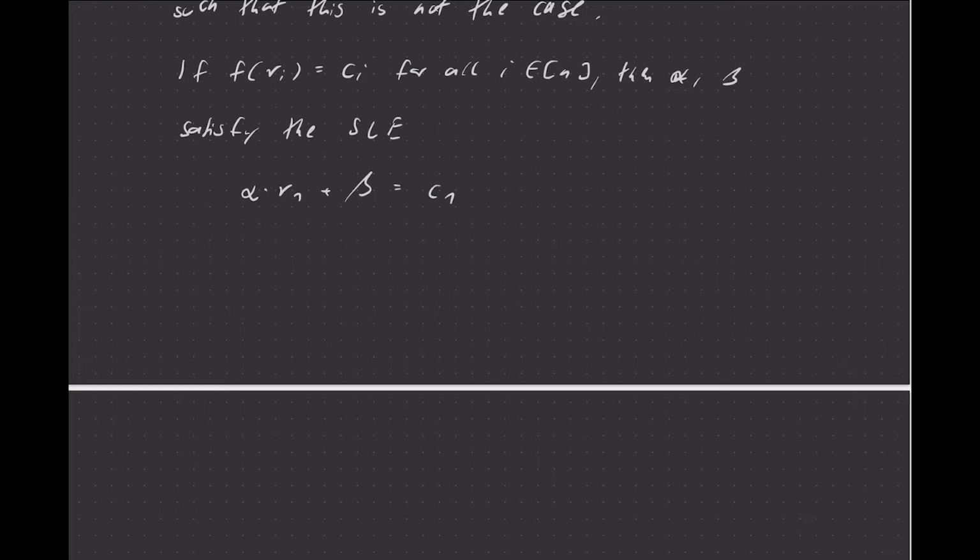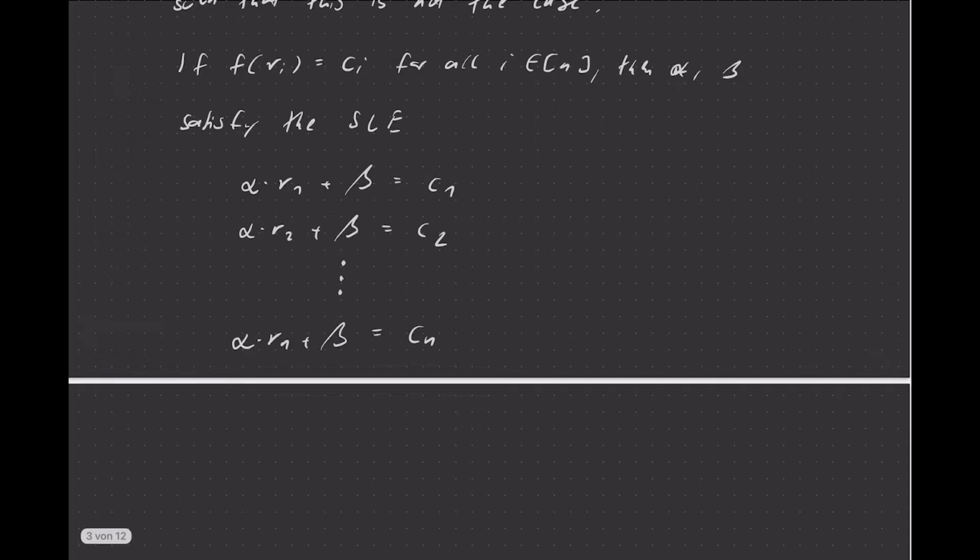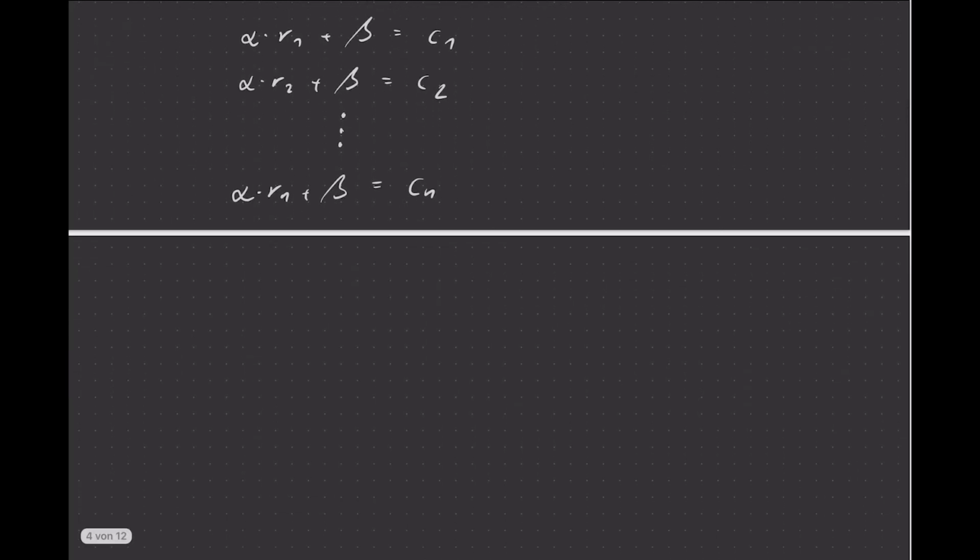If the same is true for R2 and C2, then we get alpha times R2 plus beta is C2, and so on. That is true for all points Ri, Ci, up to alpha times Rn plus beta is equal to Cn. And that's a linear system in alpha and beta, and it can be translated to matrix form, of course.